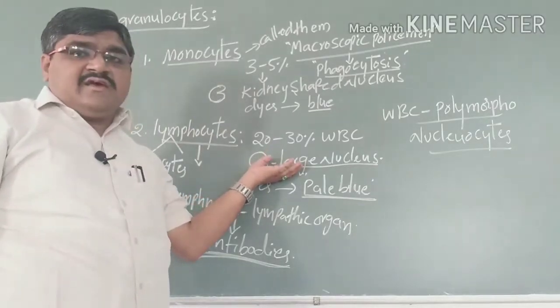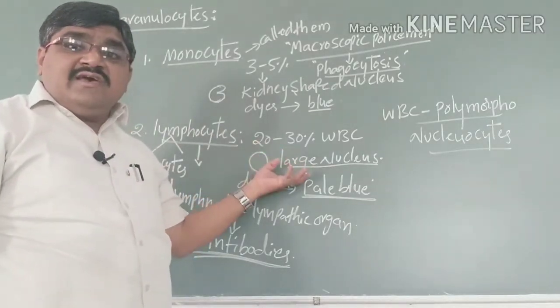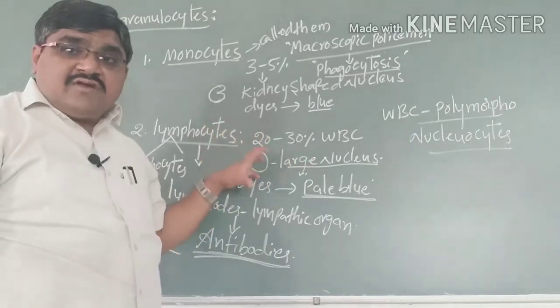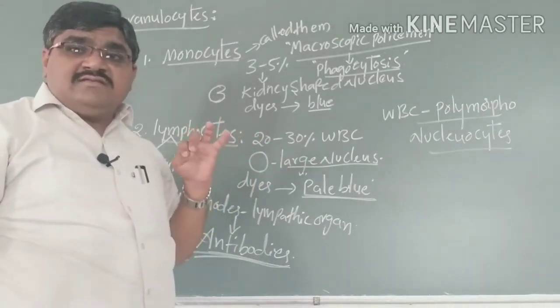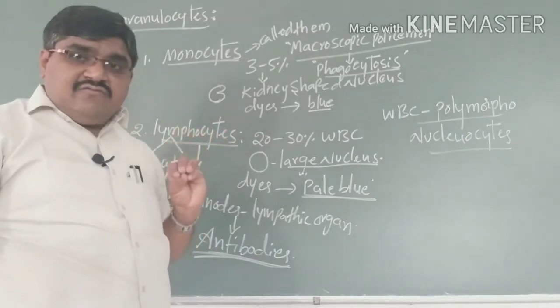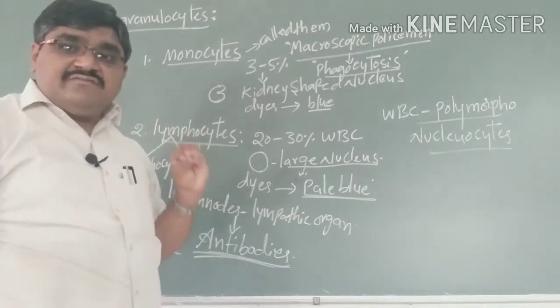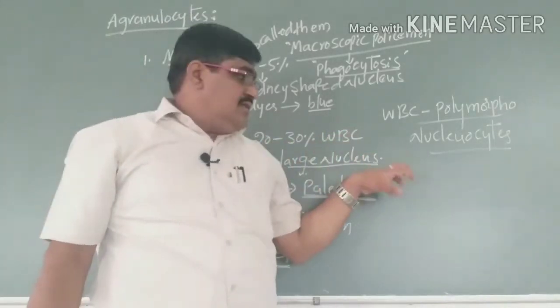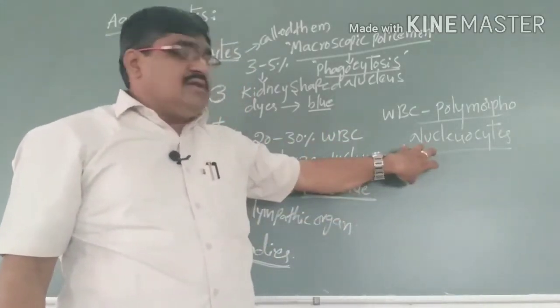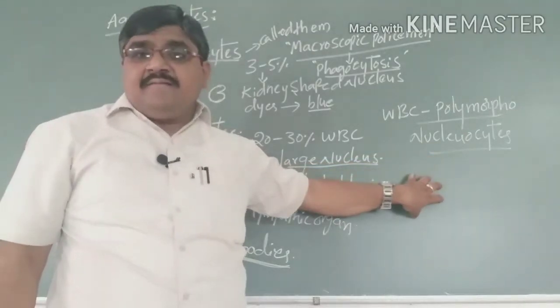By seeing the nucleus of these 5 types we can easily identify which type of WBC is present.